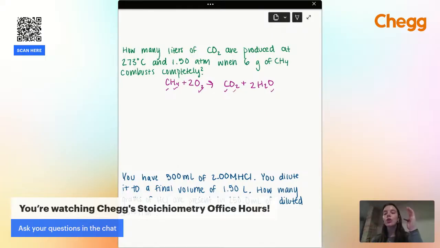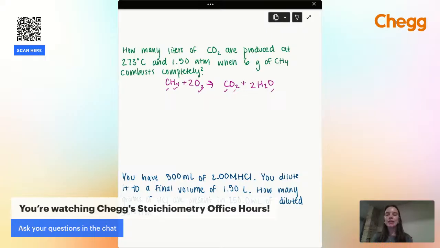Let's do one more final check. 1 C on the left, 1 C on the right. 4 H's on the left, 4 H's on the right. 4 O's on the left, 4 O's on the right. Our equation is solved and balanced, so that's always a great thing. That was a pretty easy balancing question, but if you want to work through balancing equations at any more difficulty, just let me know and I'd be happy to give us an example of that.